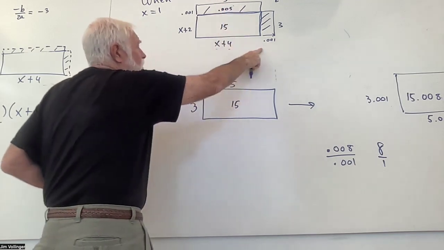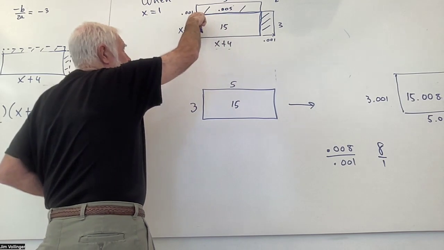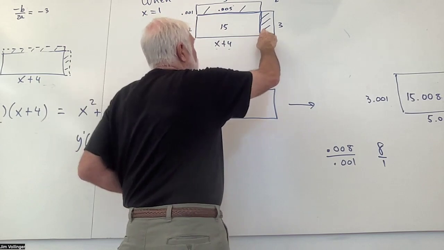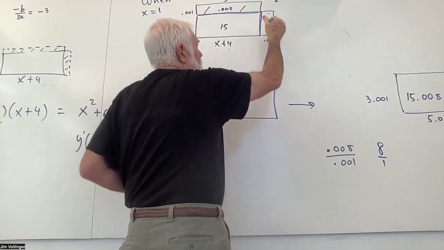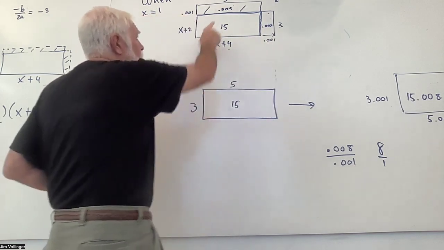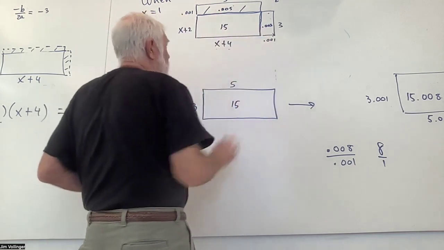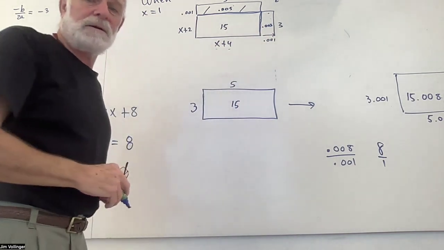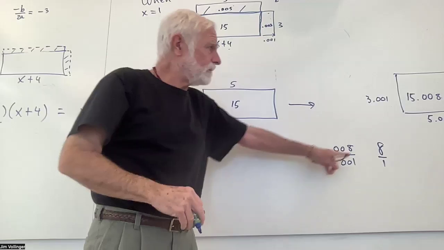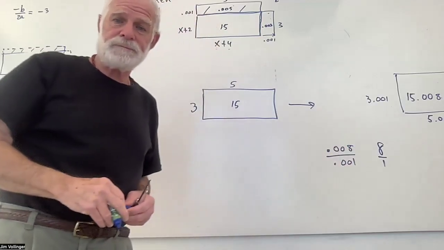And if we did that over here, then we use this dimension, which is 3 when I put 1 in, times 0.001, which is 0.003. If I add those two things up, 0.005 plus 0.003, there's my 0.008, divided by 0.001. There's your 8 to 1 units of change.